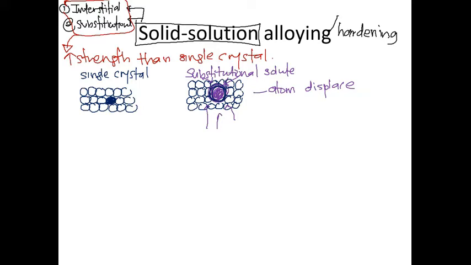When the atoms displace, it will create a strain, which we call a strain field, towards the neighboring atoms.